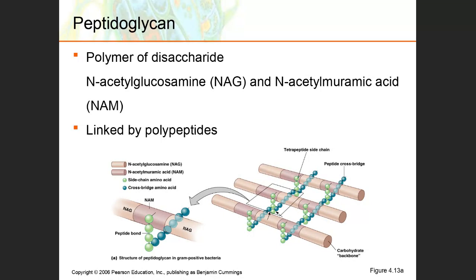Peptidoglycan is actually structurally similar to chitin, which is found in insect exoskeletons as well as the cell walls of fungi. But peptidoglycan is found in bacteria. The archaea, other prokaryotes, some of them have cell walls, but they're not made of peptidoglycan.